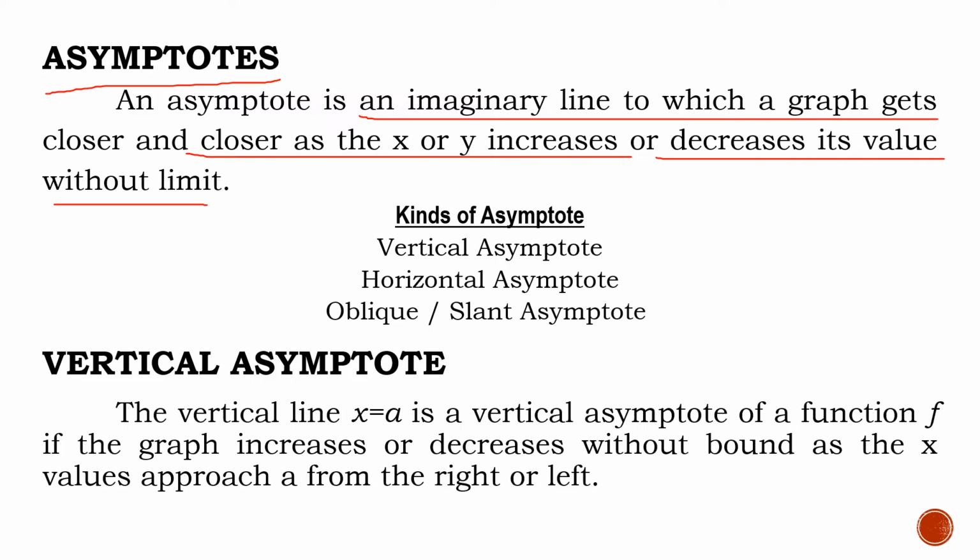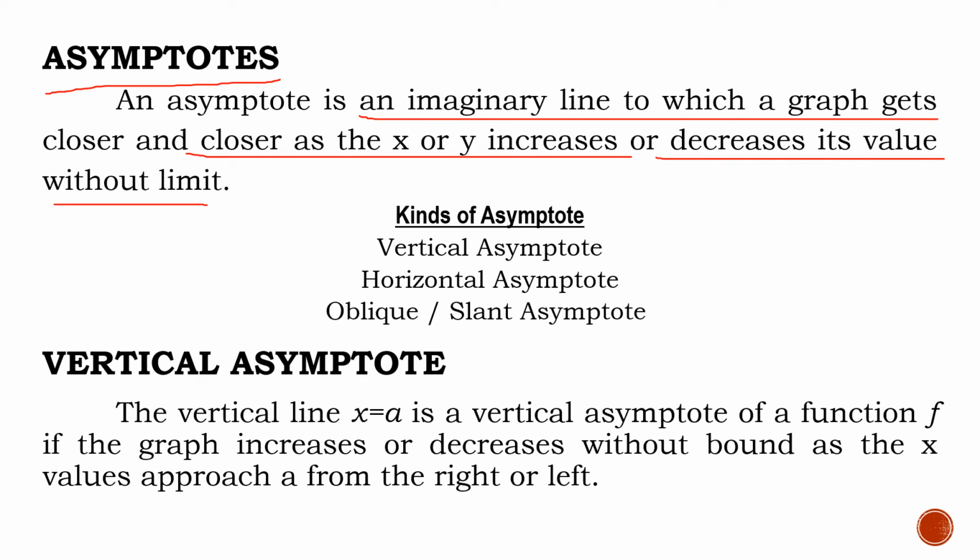And this asymptote is an imaginary line that will serve only as a guide for your curve, meaning there is no point of intersection between your curve and your asymptote.